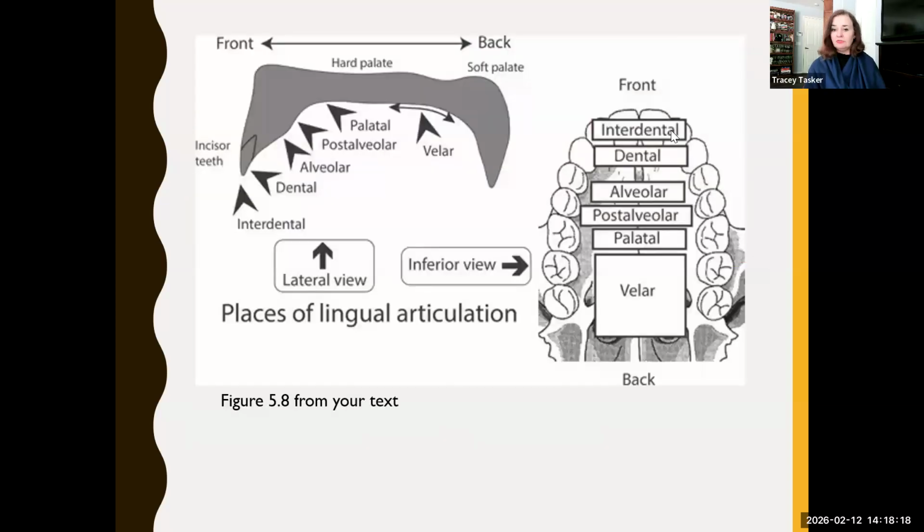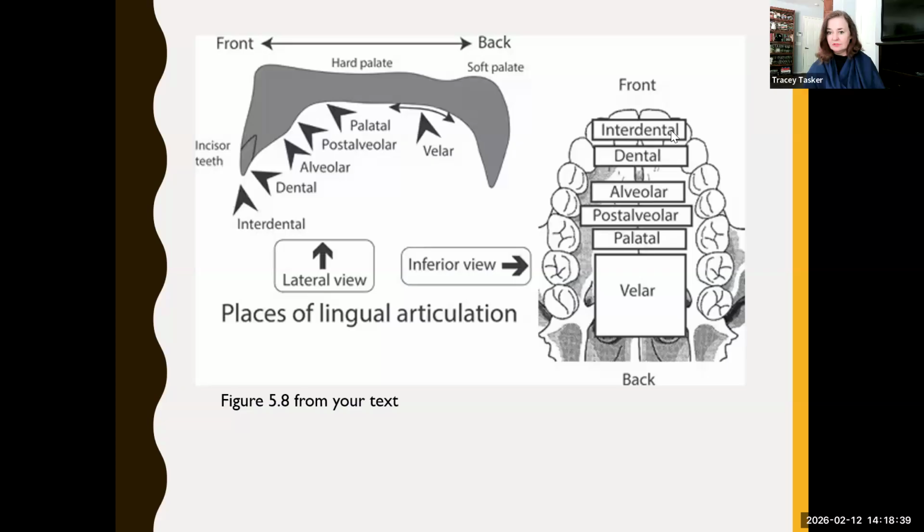All right. From your textbook, these are the terms that you are going to have to be familiar with. As I talked about in the last lecture, these terms of placement follow our articulation structure, right?